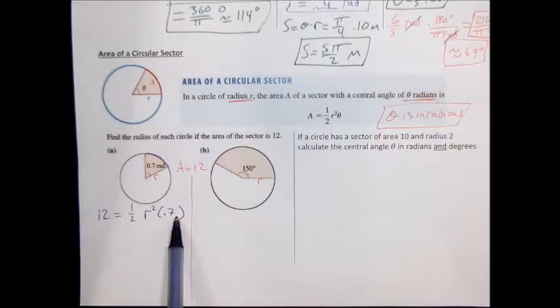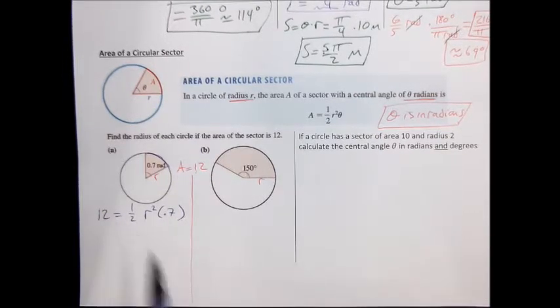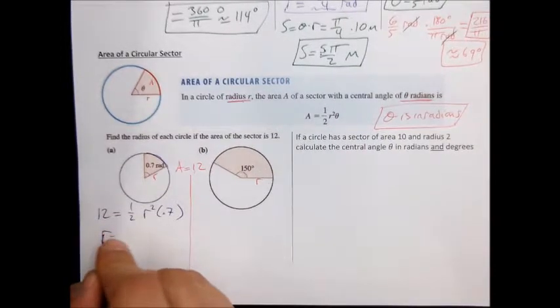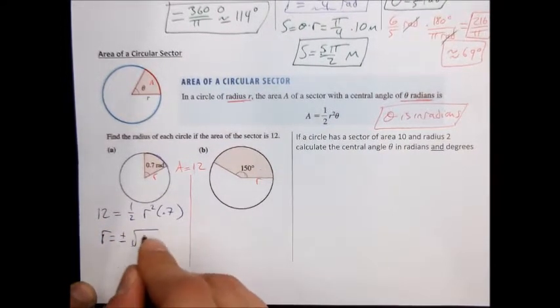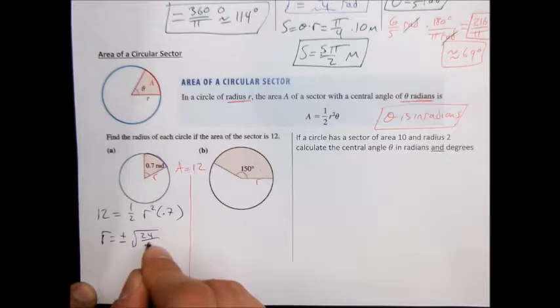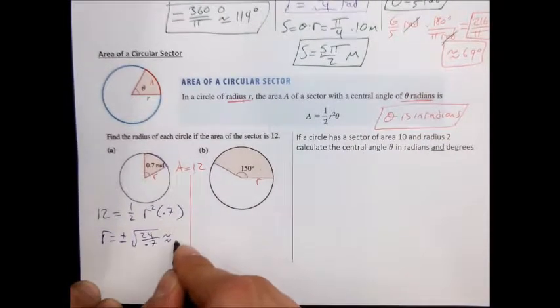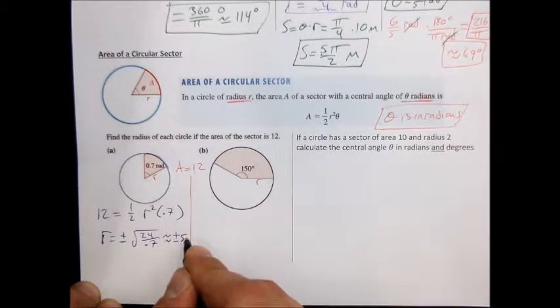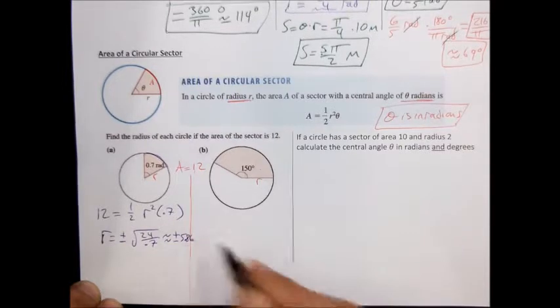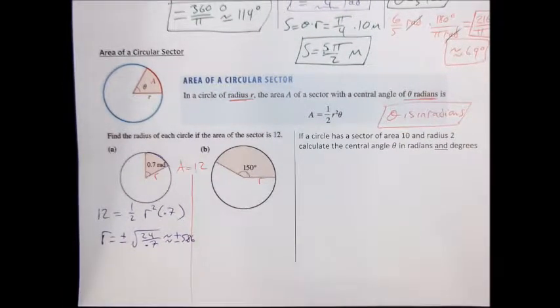And then we divide by 0.7, so we'd have 24 over 0.7, and then we'd take a square root. And so we'd have r equals plus or minus the square root of 24 over 0.7. And so this is approximately plus or minus 5.86. That sounds right.